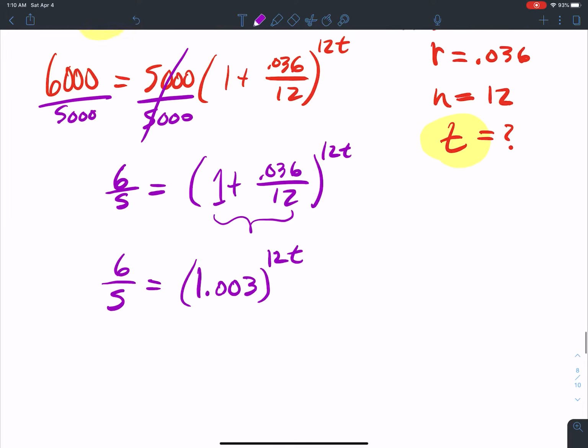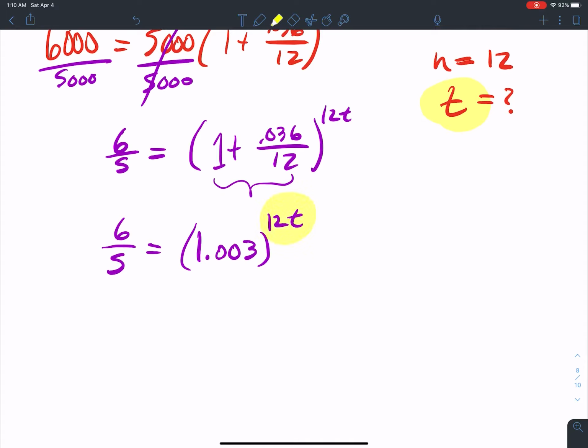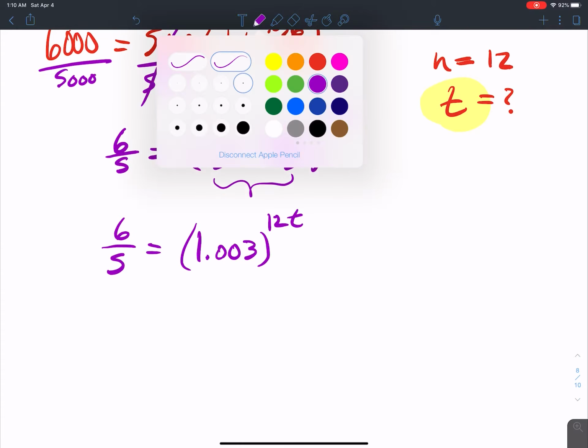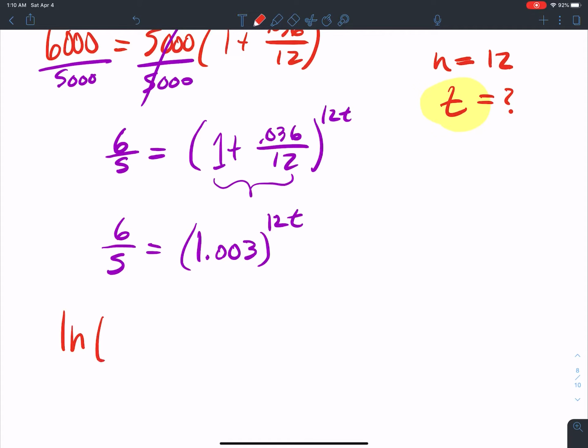I'm trying to get t by itself. t is up here in the exponent, so I need to get rid of this base here. So what I'm going to do is I'm going to log both sides. What do I have in here?